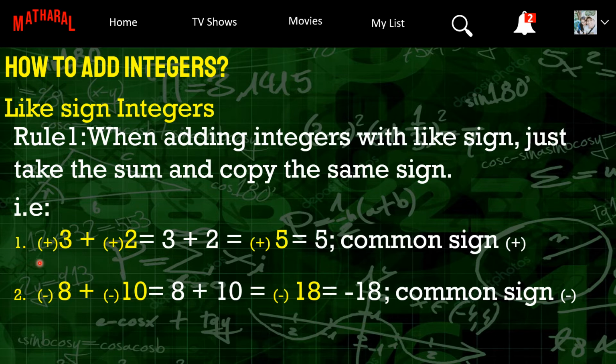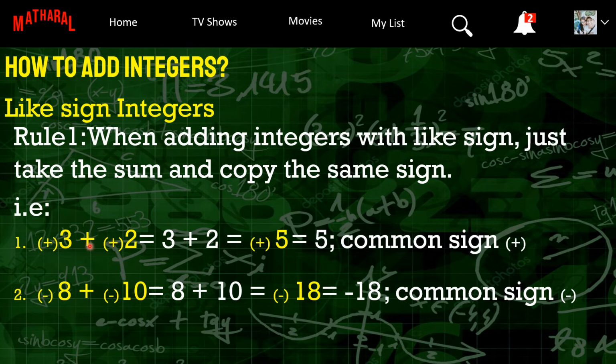For number 1, I'm using the open and close parentheses just to separate the signs of the integers. So, positive 3 plus positive 2 is the same as 3 plus 2. Take note, bakit daw naging 3 plus 2?